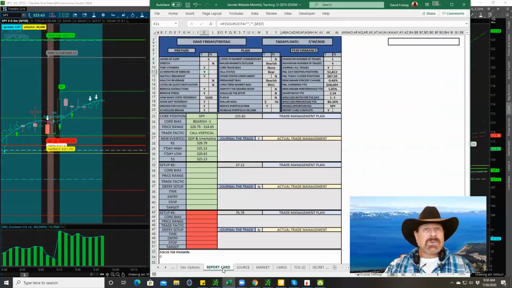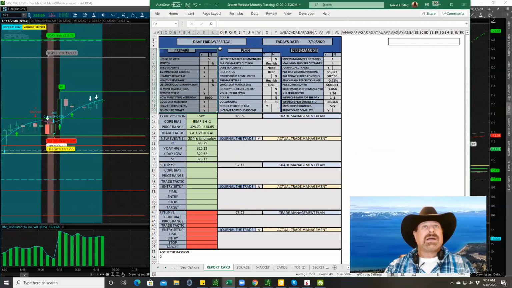This is my report card. It keeps track of all the information that I want to know about on a daily basis. I have a section for being prepared, which is this section right in here. Have I prepared for the day? Did I do all the things that I need to do to be successful for a day?